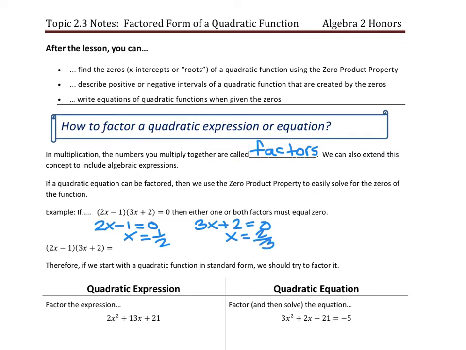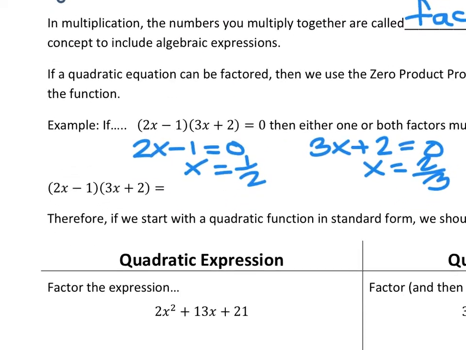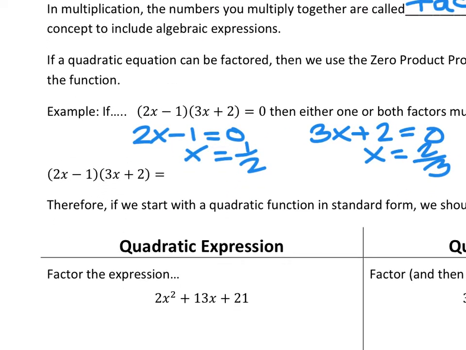Just to take a moment here and show you that this factored form certainly is a quadratic. Remember, and I'm going to zoom in here, that when you multiply two binomials together, you will almost always, not always, but almost always, get a trinomial out. Okay, so everything has to see that distributive property.